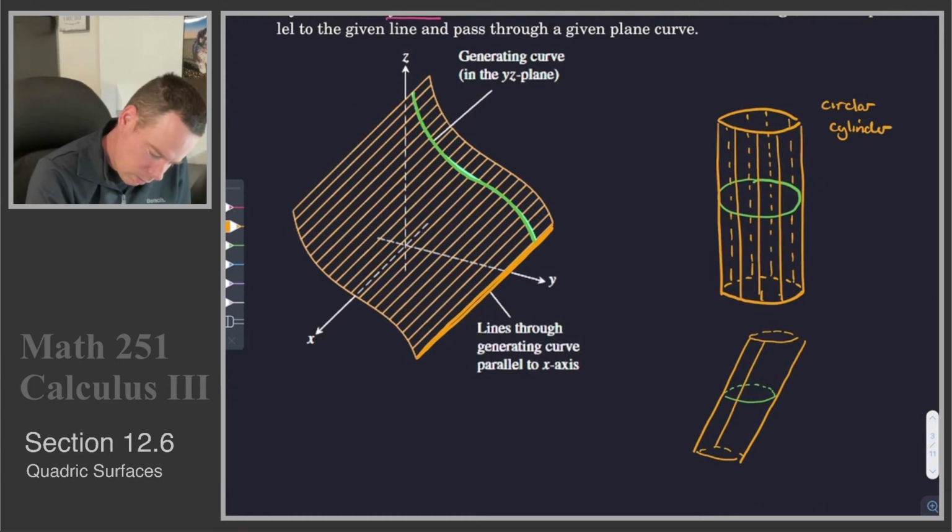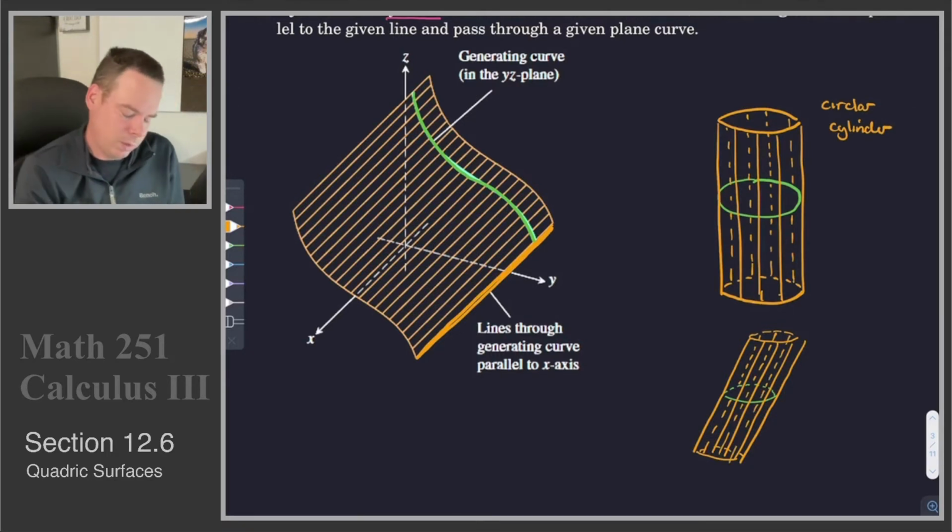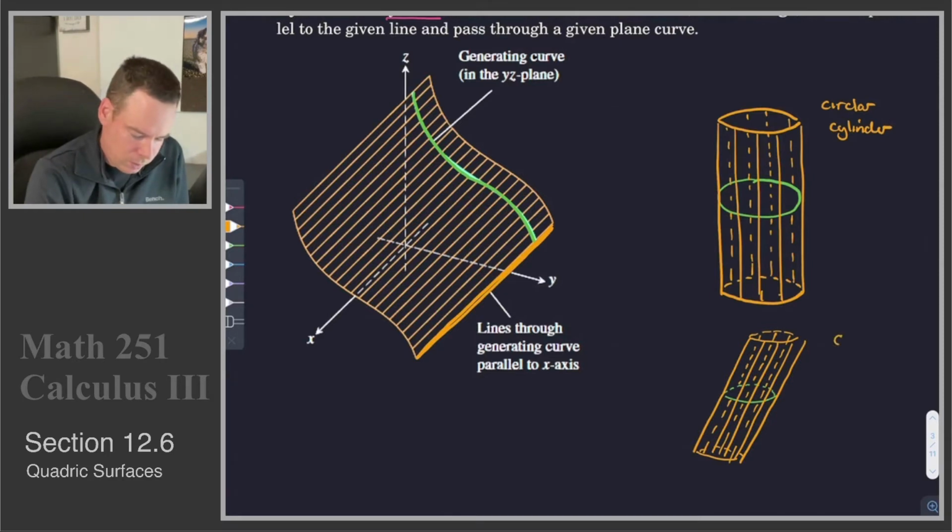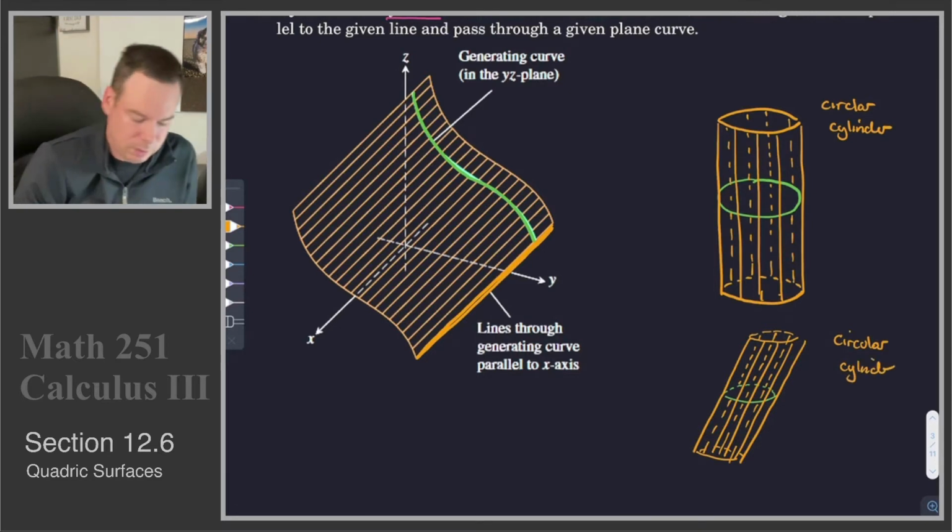And again, maybe put some dotted lines in there to indicate the ones at the back, and so on across. So this is also a circular cylinder, because again, its cross sections are circles.